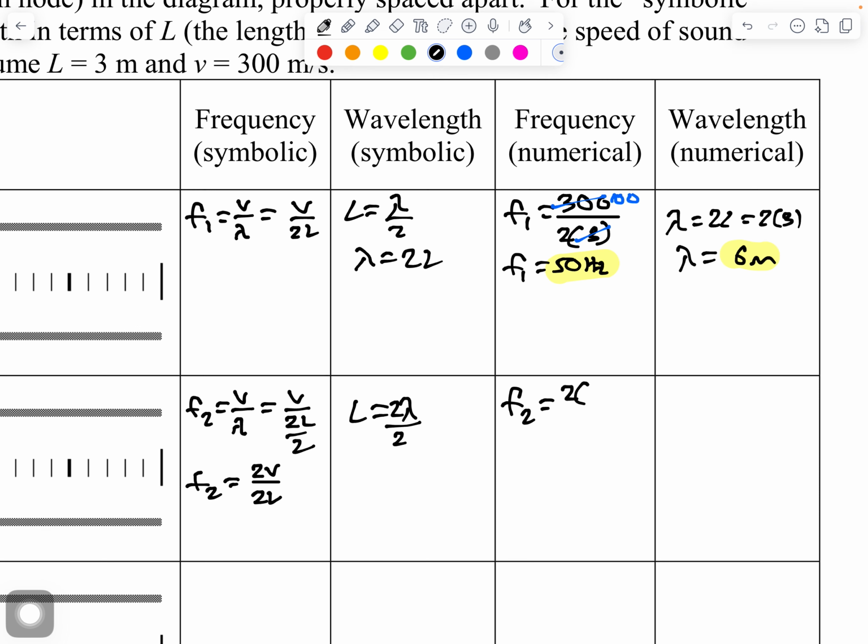So 2 times 300 over 2 times 3. Okay, that goes into that 100 times. That cancels, and clearly we can see we get 100 hertz. Okay, lambda equals 2L over 2, or just lambda equals L, which is going to be 3 meters.